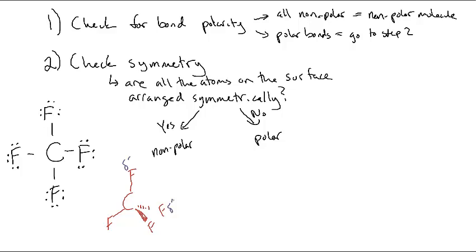It's all the same atoms arranged symmetrically around the outside. So that molecule, there's no way you can go just from plus to minus through the molecule. All of the outside has the same partial charge. So this molecule, even though it has polar bonds, is nonpolar because the shape is equal throughout.